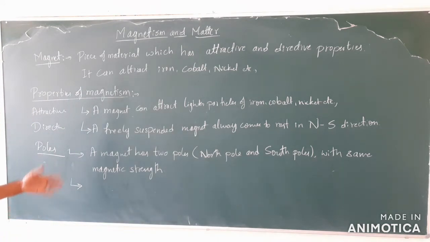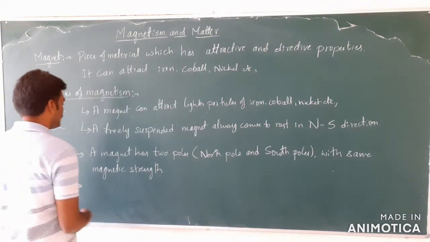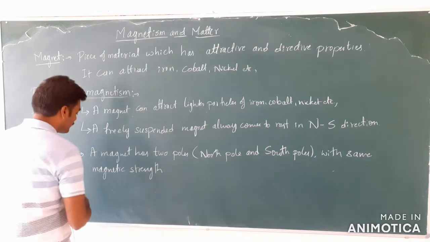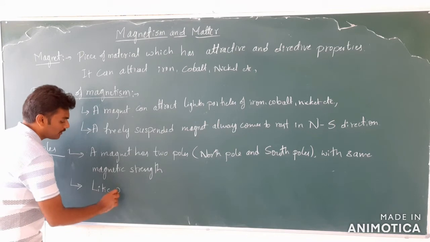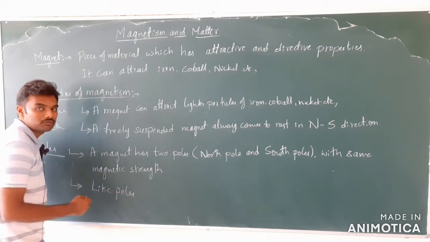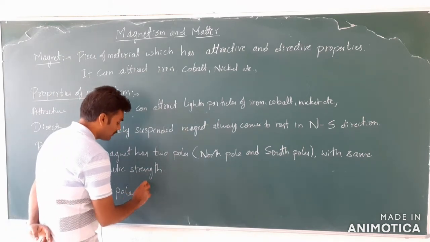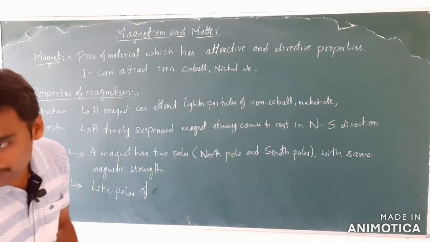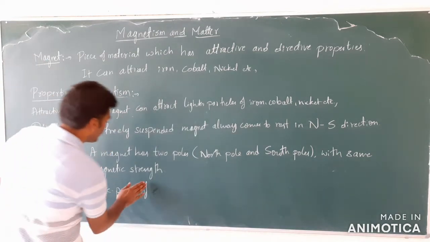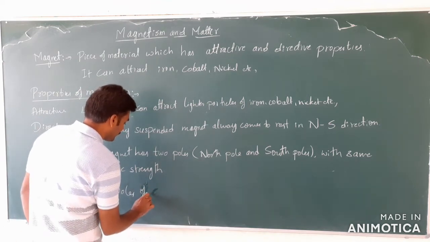And now moving ahead, it's about the attraction. When we have two bar magnets, then like poles, okay, what are like poles? North pole, north pole, south pole, south pole, they are like poles.